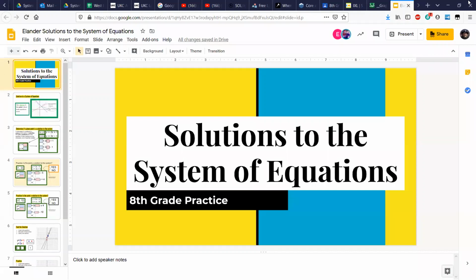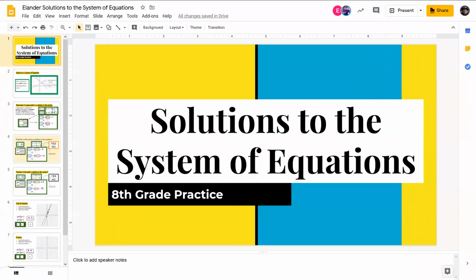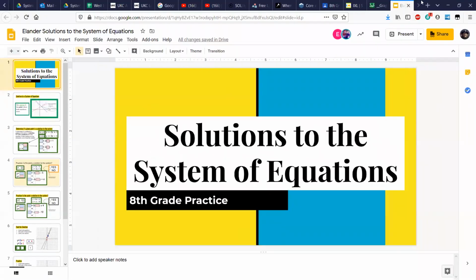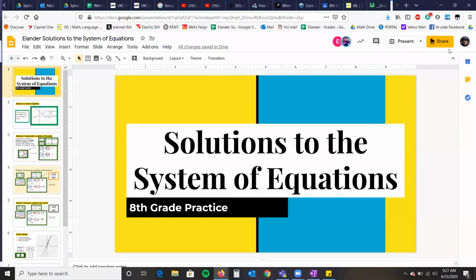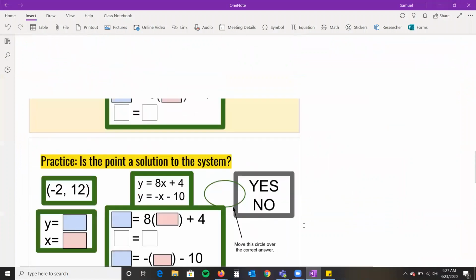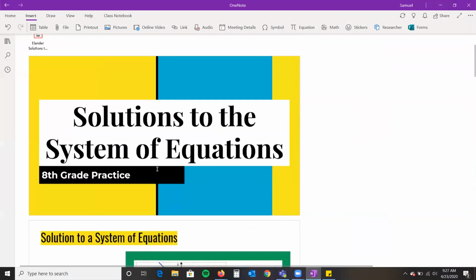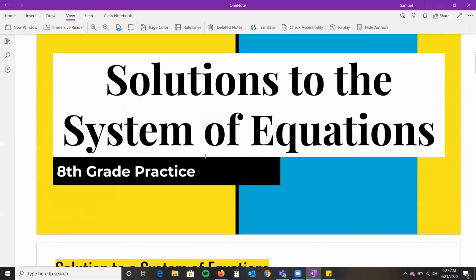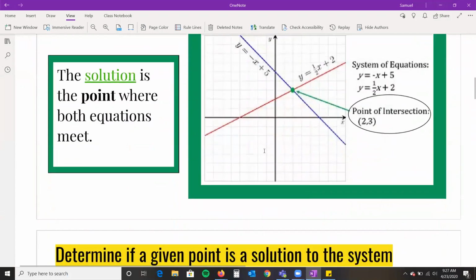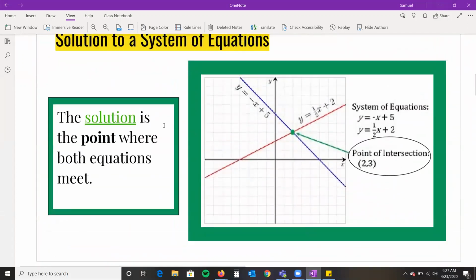So, looking at our slideshow here, and let me minimize. All right. So solutions to the systems of equations. All right. So by now, you guys already know that the solution is the point where both equations meet, right?